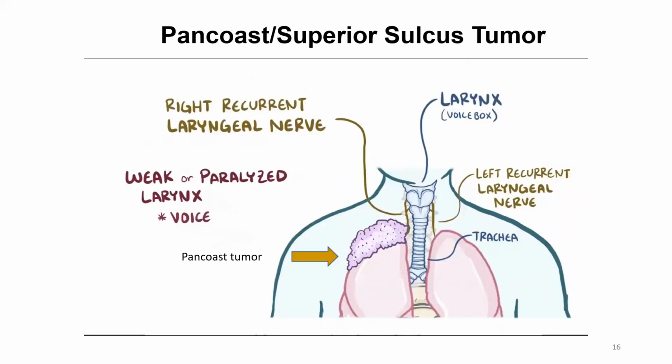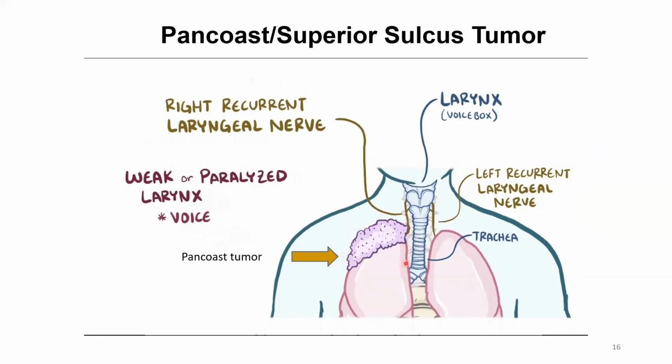Pancoast tumor is an anatomic designation of a tumor. It's not specifically a histology. There's no morphology code for a Pancoast tumor. But this lung cancer starts in the upper lobe of the lung and extends outward, and it can destroy the ribs, the clavicle, the vertebrae.